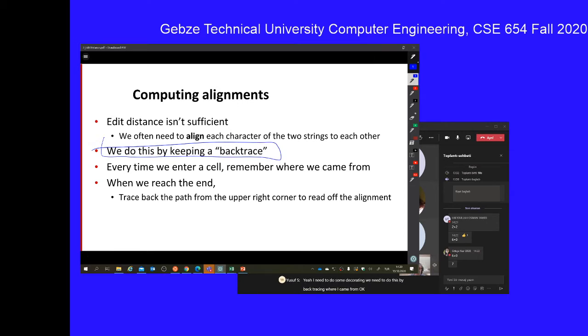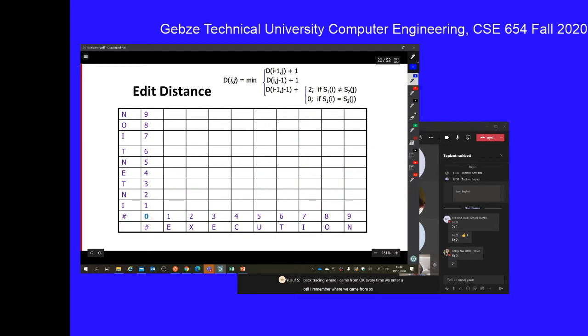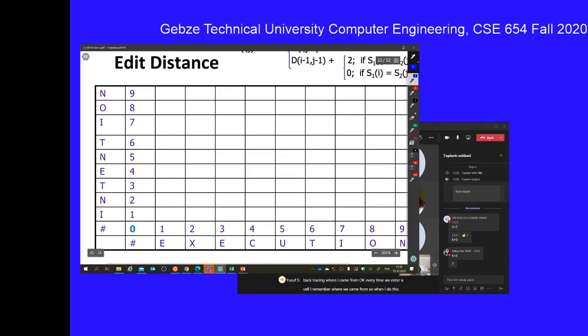Every time we enter a cell, I remember where we came from. So when I do this, you remember what I did here? It is 2, but did I come from here or there or there? So just choose. It didn't matter in this case where I came from. I would say it is here.